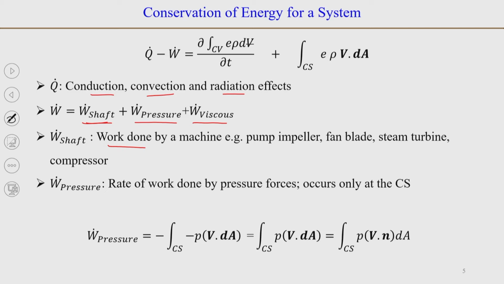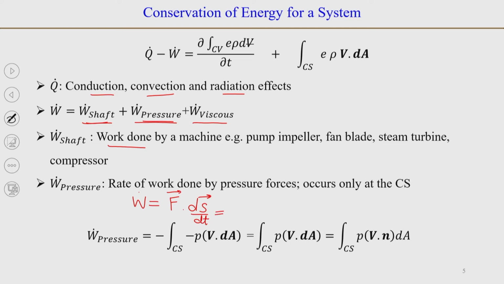Okay. If we come to the rate of work done due to pressure, we know that work is the dot product of force and displacement. If we write the displacement as ds, the rate of work done will be F dot ds over dt.